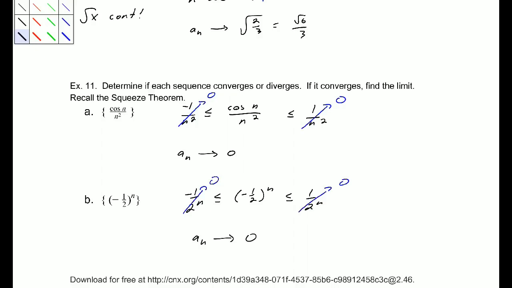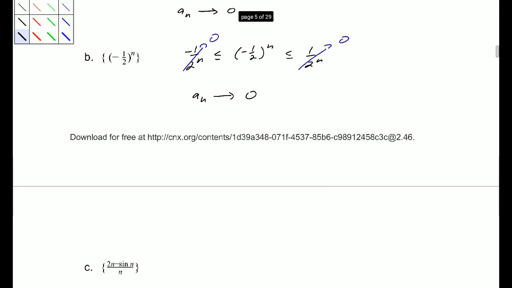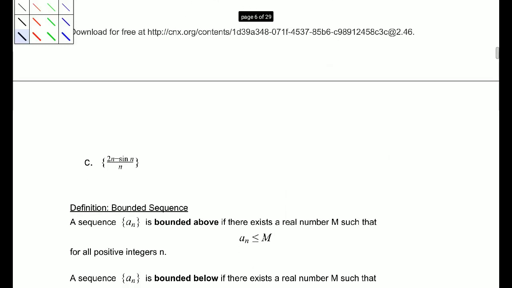We have a new concept to add here, the idea of something being bounded. One more. Sine is bounded. I'm going to write this as 2 minus sine n over n. Sine n over n is bounded between -1 over n and 1 over n.